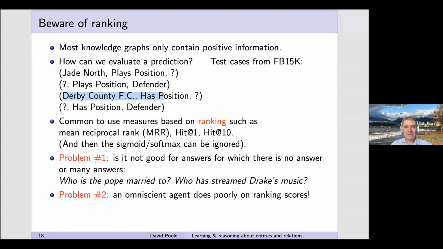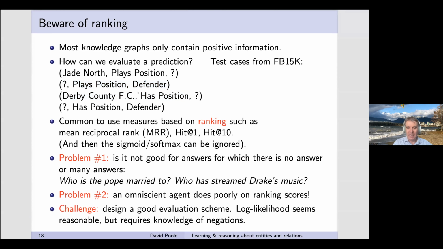Which Derby County has position? Well, Derby County actually has all the positions. It's just that by not reifying, we've lost information about who in particular plays position defender. So omniscient agents do poorly on this.